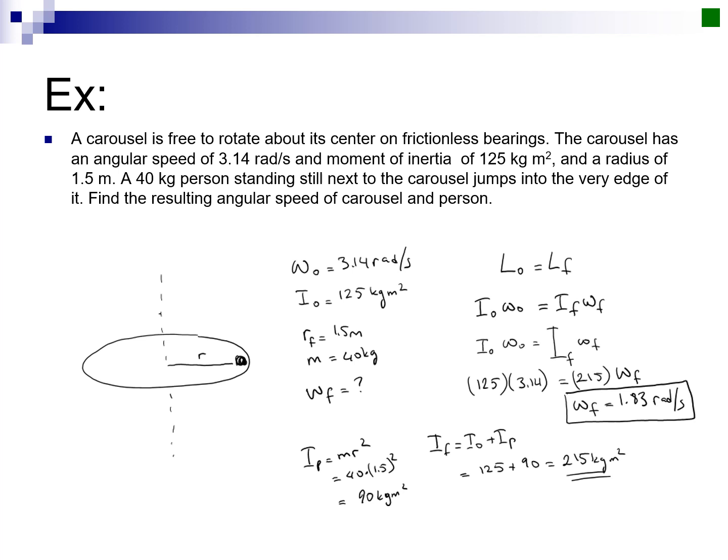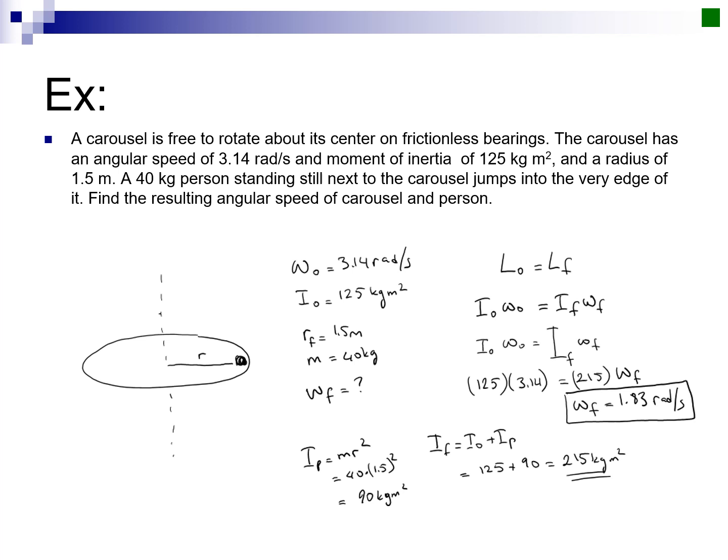I need to find out what the final moment of inertia would be. Well, the moment of inertia for the person is going to be equal to mr squared. This gives me 40 times 1.5 squared. Using the calculator, this gives me 90 kilogram meter squared.